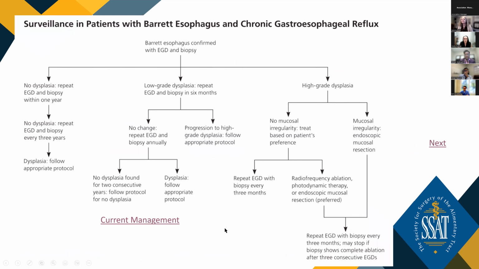So our patient with low-grade dysplasia, instead of following the central algorithm, jumps over here into the no mucosal irregularity pathway, and you treat based on the patient's preference. Based on her repeated EGDs, it was recommended that she undergo radiofrequency ablation, and so she did.